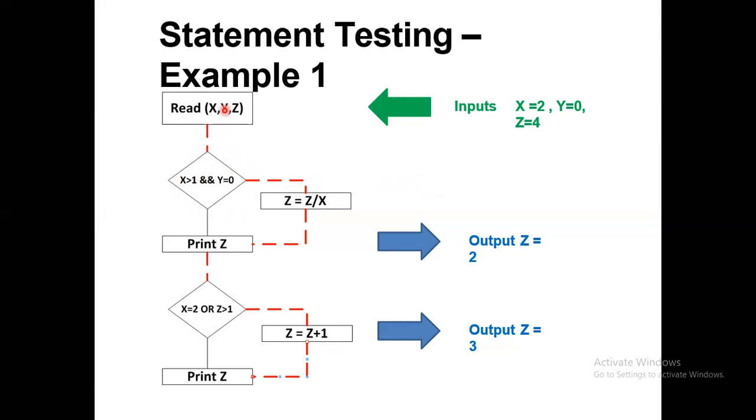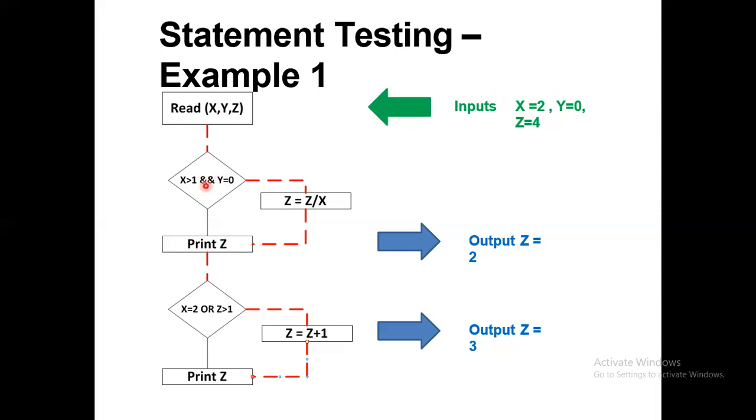So X should be greater than 1, and the next value greater than 1 is 2, so I have selected 2.